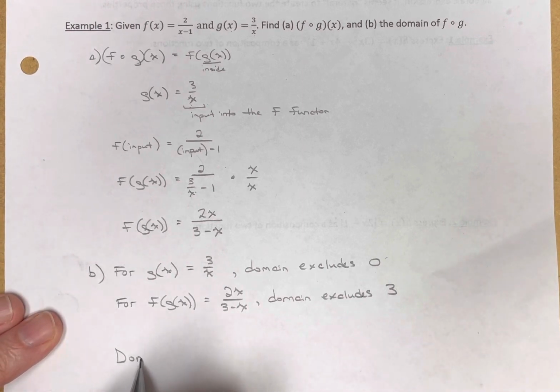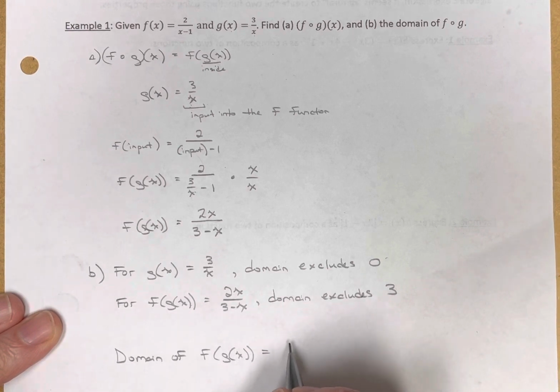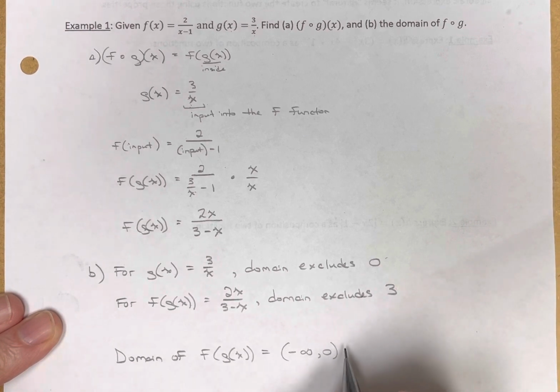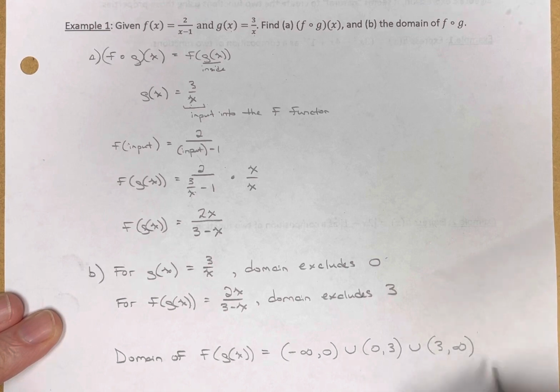So the domain of the composite function is equal to negative infinity to 0, union 0 to 3, union 3 to positive infinity.